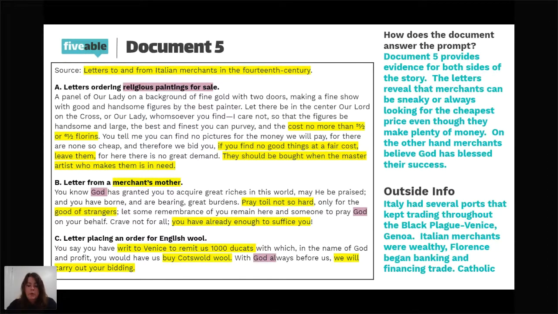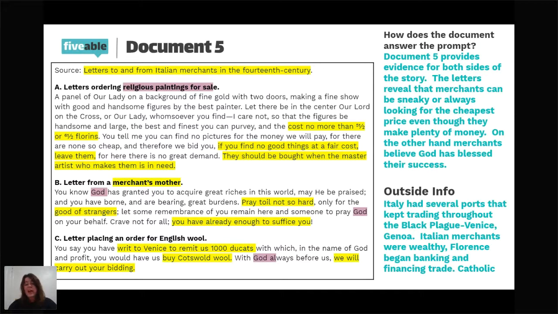Oh, the outside info on the bottom. This was another one where I probably wouldn't do the outside info just because it's not my area of expertise, but you could add in that Italy had several ports that kept trading throughout the Black Plague, like Venice and Genoa, and I can't remember the third one. Italian merchants were really wealthy. Florence began banking and financing trade.